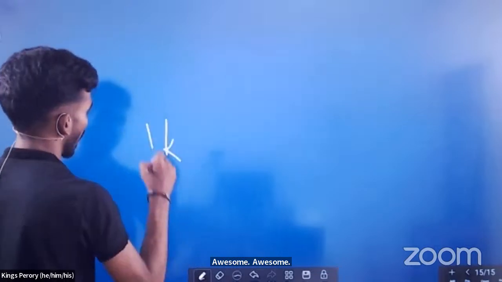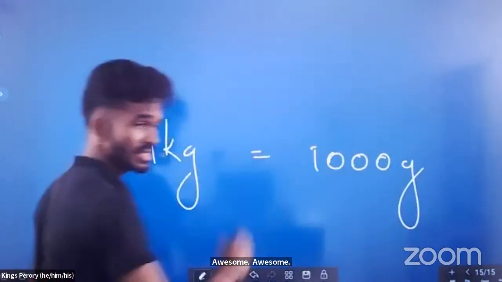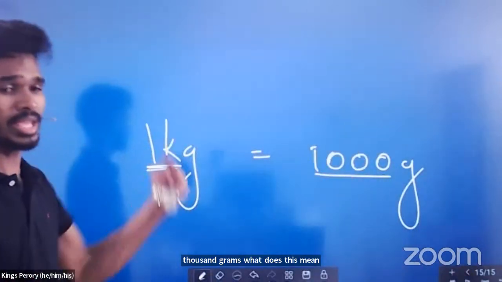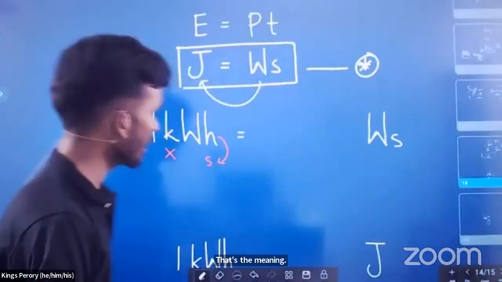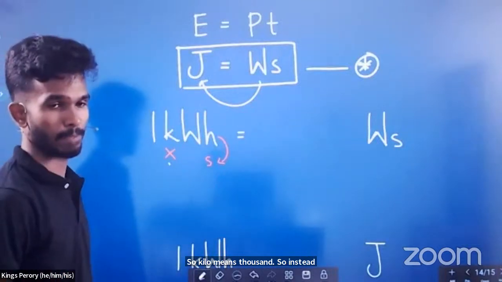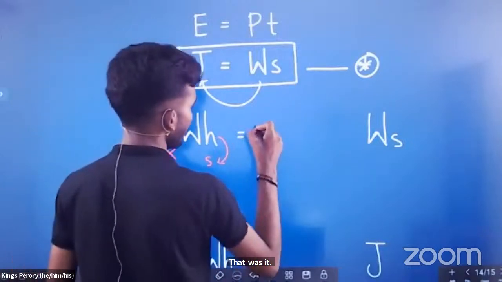Remember this: 1 kilogram is 1,000 grams. Kilo means 1,000. So instead of kilo, I can write 1,000. I'm going to remove kilo and write 1,000 there.